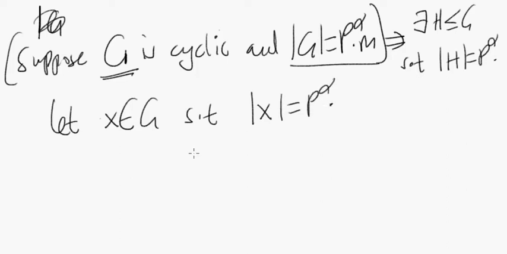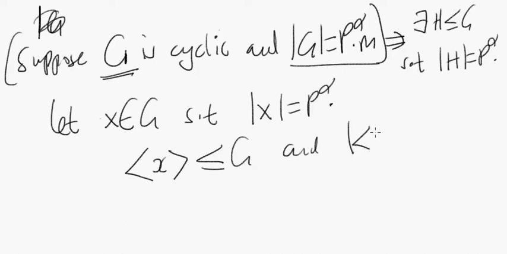Couldn't we then say that the cyclic subgroup generated by x is first of all going to be a subgroup of G, and furthermore, the order of this cyclic subgroup generated by x is going to be, well, p to the alpha, right? So, do you buy the idea that if we found some element of the group G whose order is p to the alpha, we would be done? Okay, let's suppose you buy that. Let's see if we can proceed with that idea.